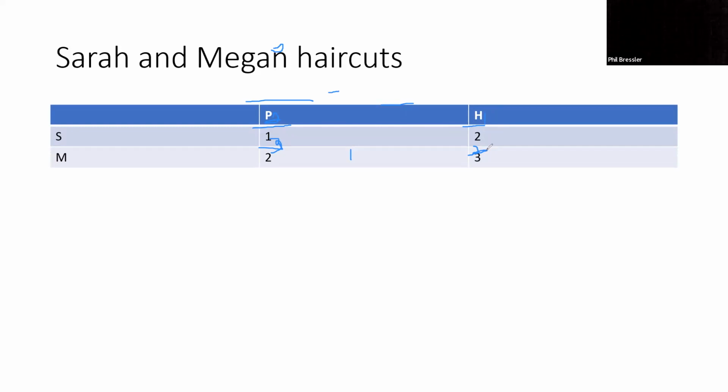All right. Who should specialize in haircuts, Sarah or Megan? Okay, Sarah, because she has the lowest opportunity cost. All right.